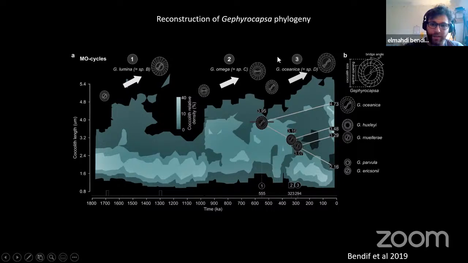So we have again a pattern of cryptic speciation that has been recurrent in at least 3 stages. And those 3 stages here are associated with an increase in size of the coccolith, definitely having the morphology that is fitting with some part of the genetics.